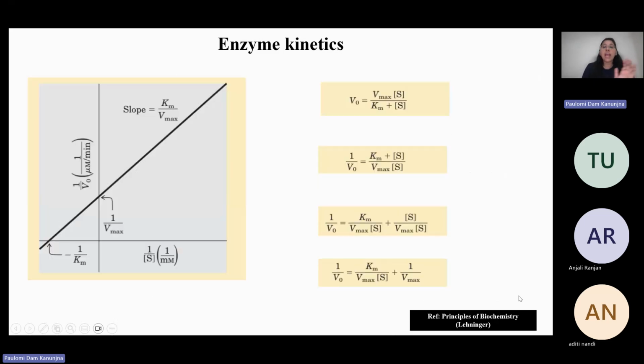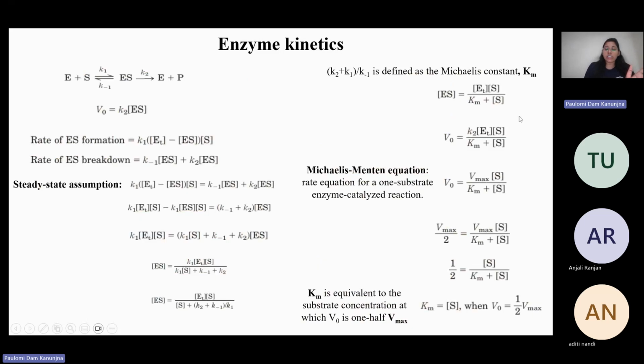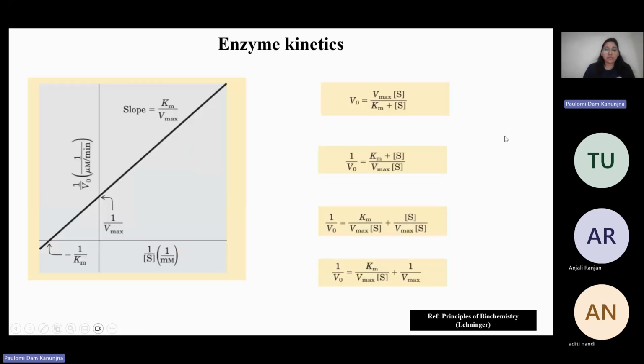We also used this equation in a straight line curve, which is called the Lineweaver-Burk plot, and we saw how to plot it. We basically invert this equation and bring it to y equals mx plus c form, and then we have the slope, the y-intercept and the x-intercept, and we saw how to calculate each of these values.